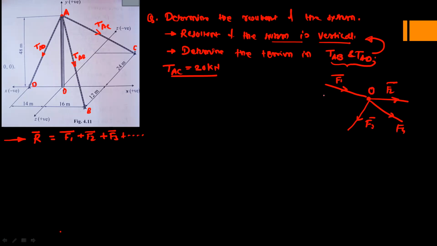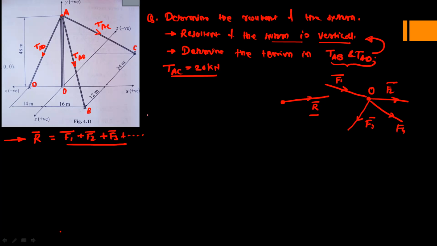So for this system, if you want to find out the resultant, suppose we replace this system by a single force, and this single force is nothing but the R bar. So this R bar we can find out by this vector addition, F1 bar plus F2 bar plus F3 bar.